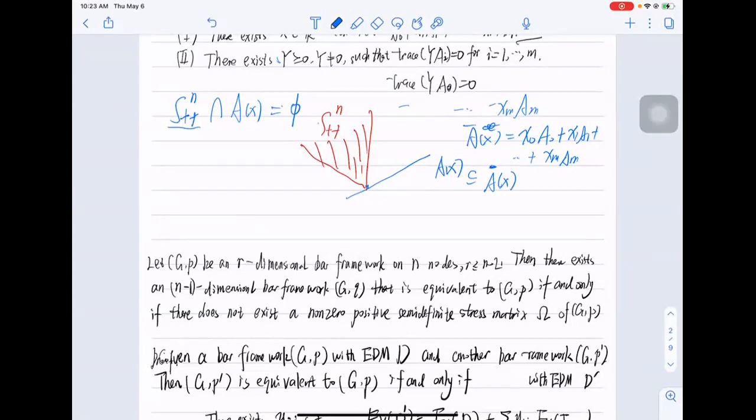So given a convex set, the PSD cone, and a linear subspace, if and only if their intersection is empty, that is, the intersection of A bar X with the interior of the PSD cone is empty, then you can find a hyperplane that separates these two sets.